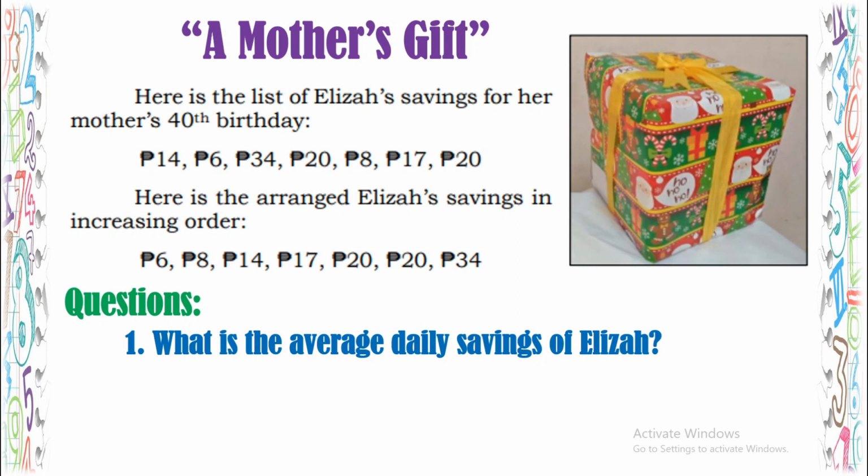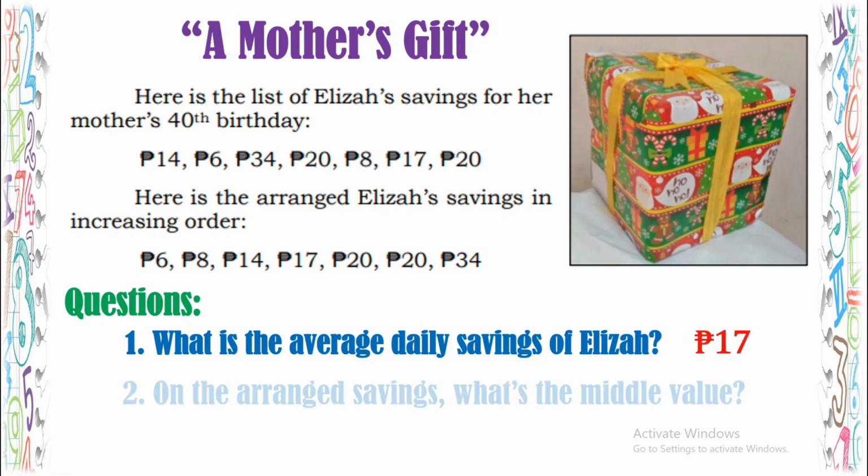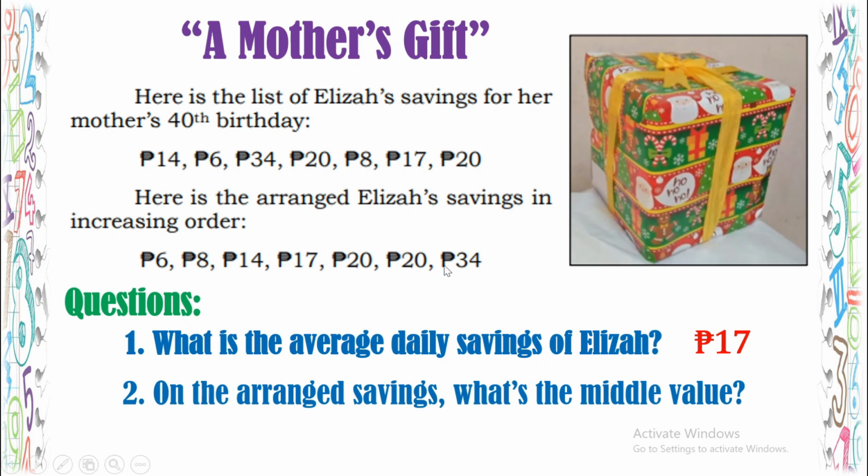I will give you 15 seconds. What's your answer? Very good. It's 17 pesos. Next question. On the arranged savings here, what's the middle value?